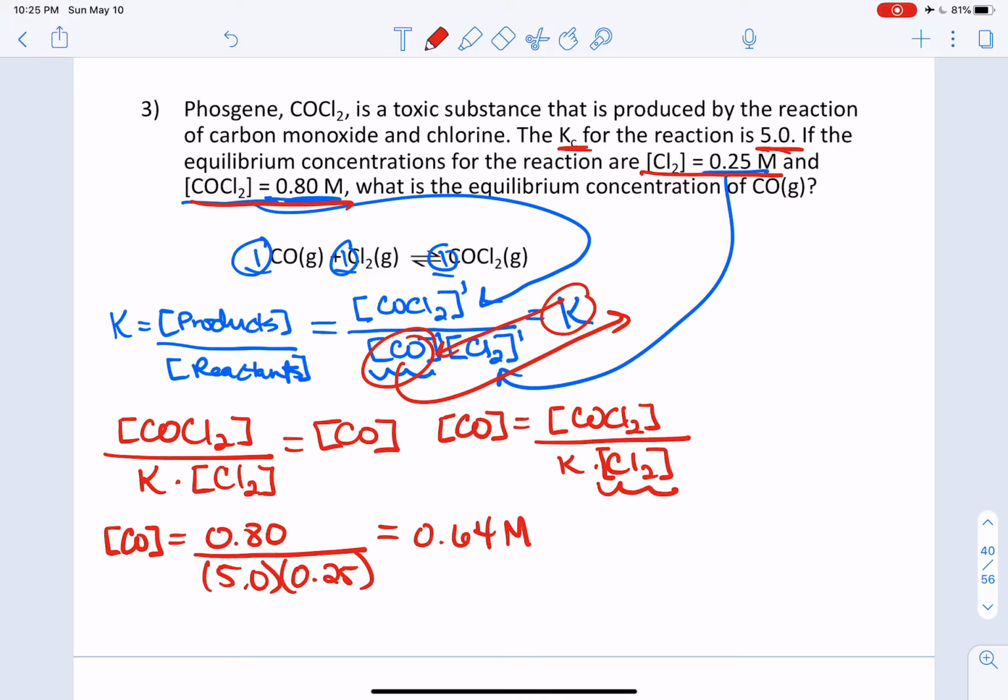Again, don't worry about where the molarity unit comes from with this one. You'll learn the weird units of K if you go on to general chemistry. So that's a concentration, and it has a concentration unit on it, which is what we want.